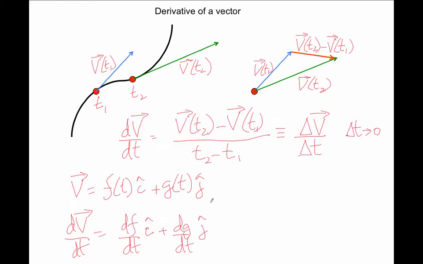So if we are given the vector in component form, then all we need to do is differentiate the components. Now, this definition and this definition are exactly the same.